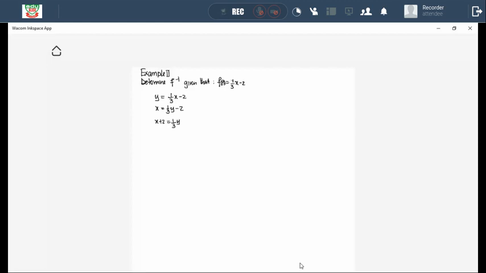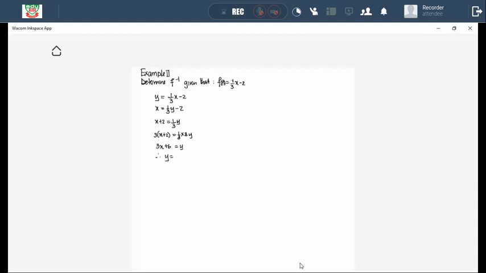Since 3 is dividing where y is, I'll multiply throughout with an LCM. This will be 3x plus 2 equal to a third times 3, my LCM. Simplify. This will be what? 3x plus 6 equal to y.